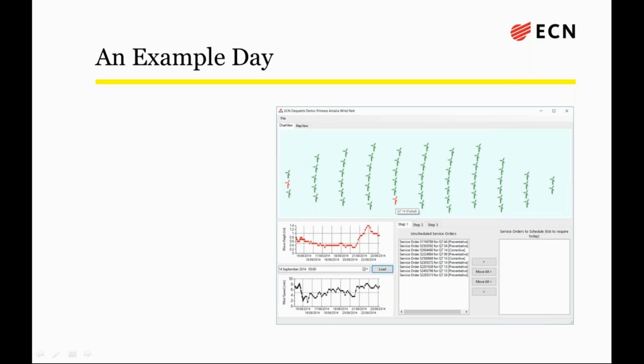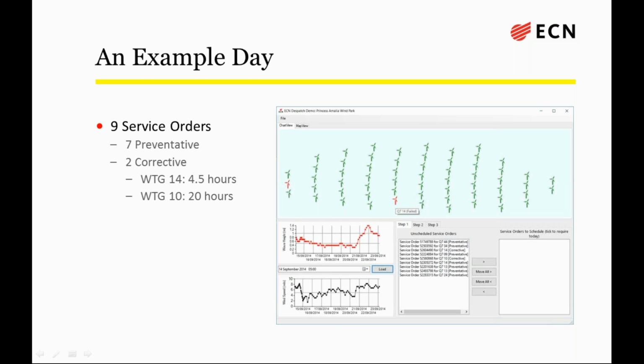The rest of the wind turbines are operational. And you can see why they have failed from the list of service orders, which is in the box at the bottom right. There are 9 maintenance actions, 2 of which are causing the failures, and 7 of which are preventative or optional.